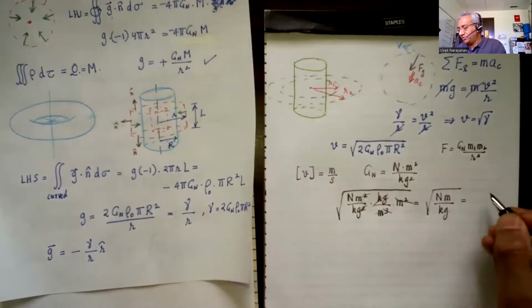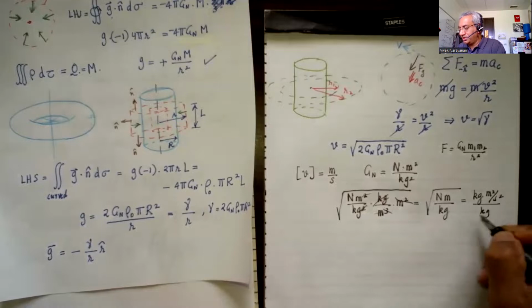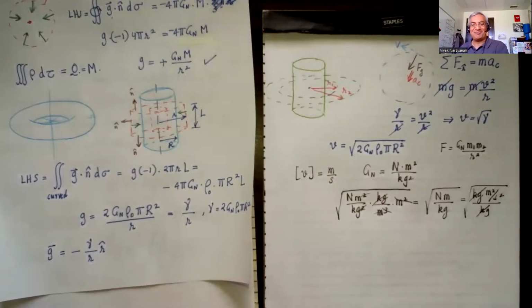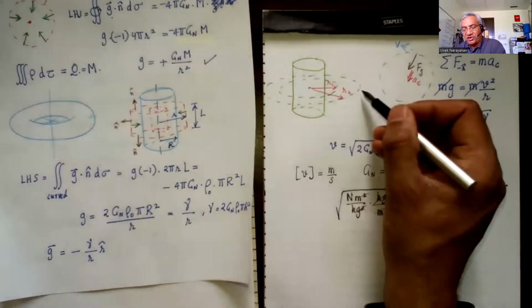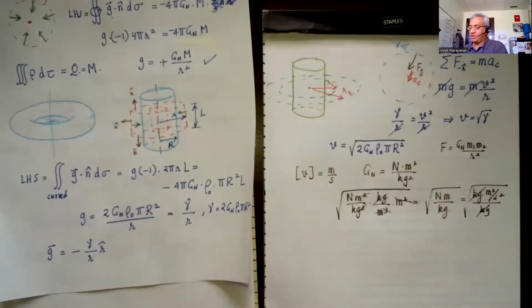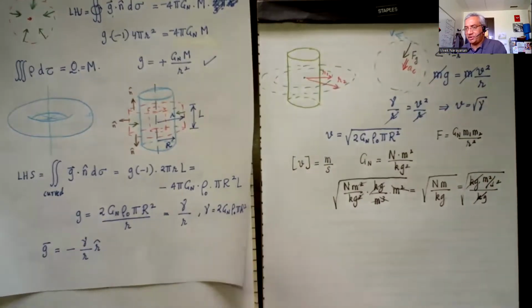Well, Newton meters is joules, and joules is kinetic energy. So it's kg meters squared per second squared over kg, square root, meters per second. Voila, beautiful. So that's a big surprise. Whether the astronauts are here or here, they will orbit with the same speed. Really weird if you think about it.